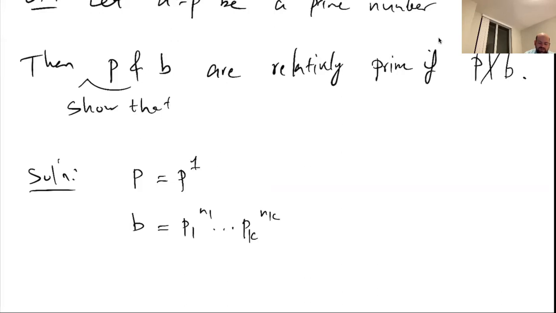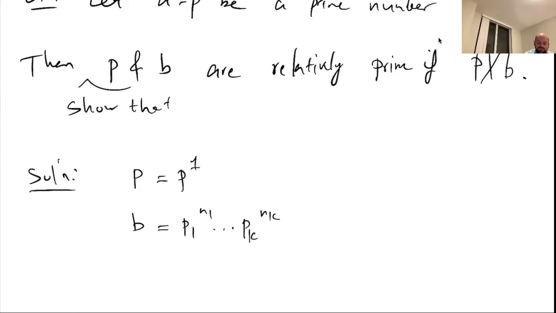And remember, if I want to find the GCD, I need to make the lists the same, so the same prime factors appear in both. So then this one I can write as P to power 1 times, let's say, P1 to power 0 times Pk to power 0. And this one I can write as P to power 0 times P1 to power N1, Pk to power Nk.